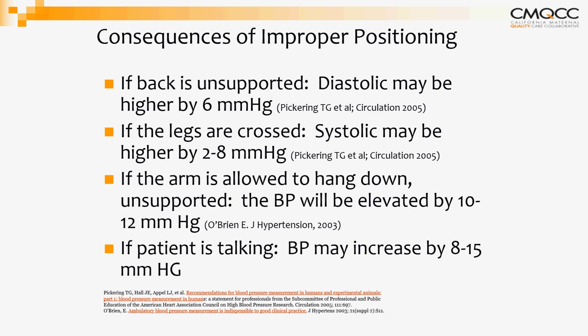If the arm is unsupported and allowed to hang down, the blood pressure can be elevated by up to 10 to 12 millimeters of mercury. So again, that could push the patient into either a hypertension diagnosis or a severe range diagnosis. So again, it's really important that this is discussed with staff.